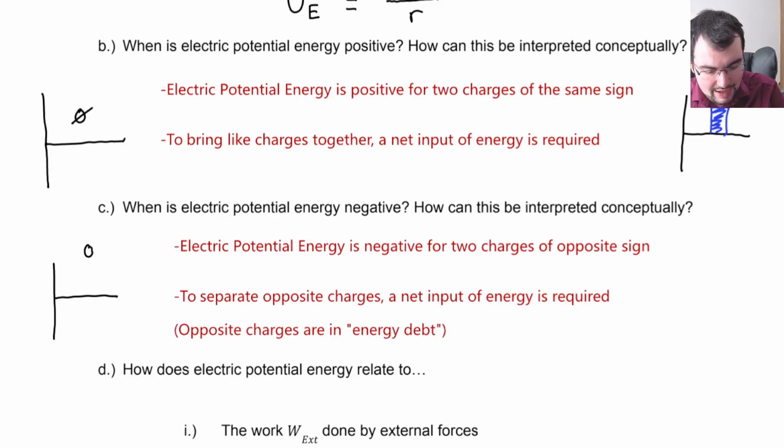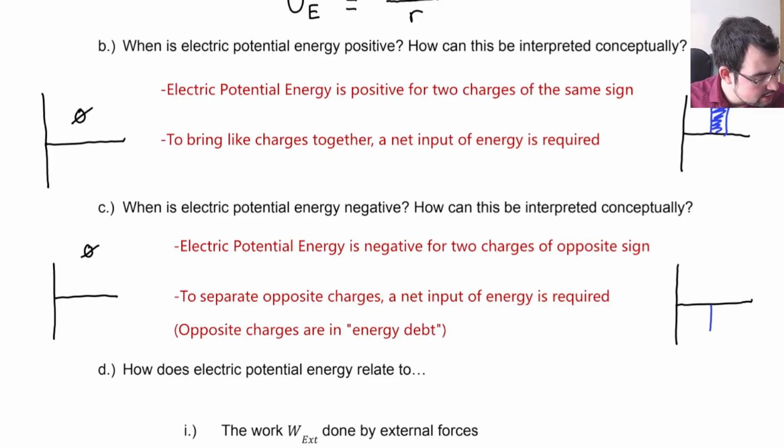And you can think of that as being an energy debt, where instead of thinking of the energy associated with bringing them together, which does still work, which I'll explain in a second, you can think of this as the amount of energy it costs you to separate them. So instead of talking about bringing the charges together, you can also talk about separating them, because these charges do not want to be separated because they're going to be bound together. So this is the amount of energy you need to pay to free them from their energy debt.